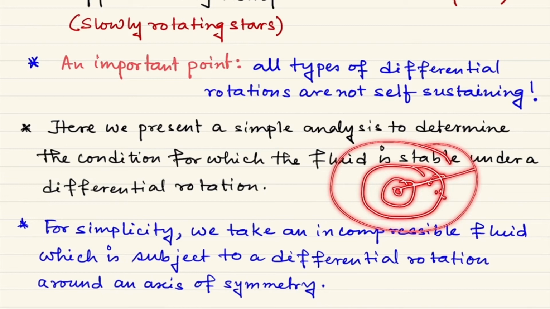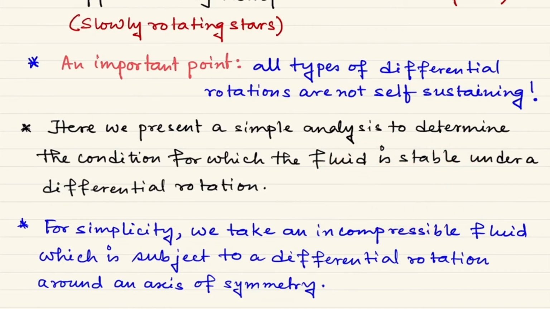Now if we perturb the system, would the system try to get back its original configuration with the differential rotation? Let's say the perturbation is done in such a way that the differential rotation state is made to tend towards a solid body rotation. Would that be a stable state?